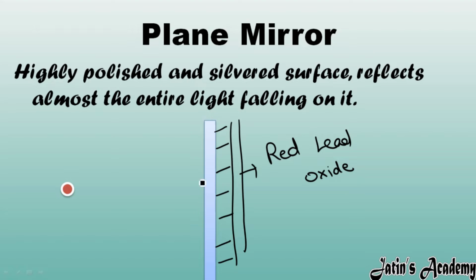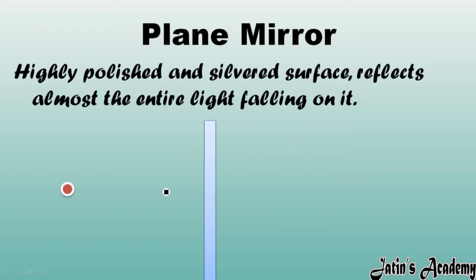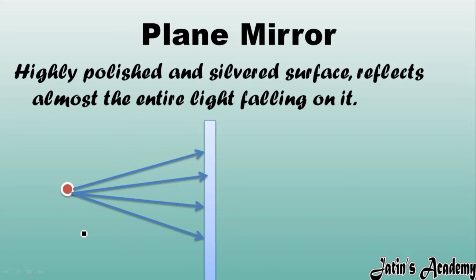Here it reflects the light, and here we have a polished surface. Whenever the light radiations from an object in front of the mirror fall on the reflecting side of a plane mirror, these light radiations diverge into different directions.